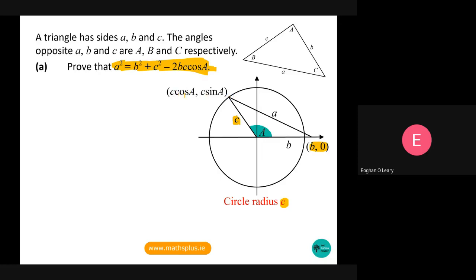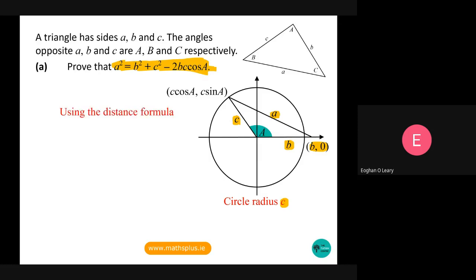Maybe I'll just talk about the point first. It's in polar form because the argument is A and the radius is c. We have the point (c cos A, c sin A). And then we have a distance of a units from (c cos A, c sin A) to (b, 0). Okay, that's our starting point.